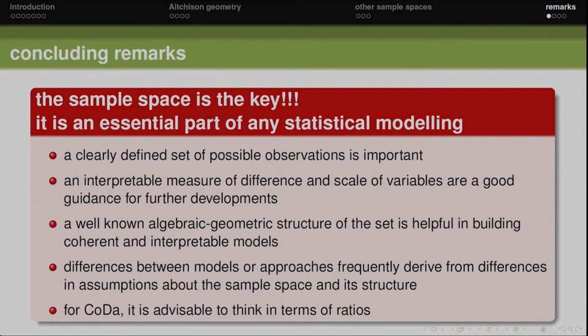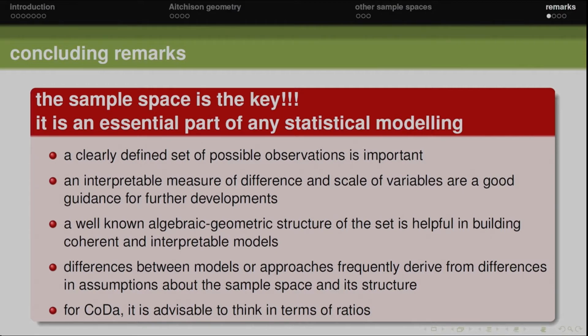It is important to have a clearly defined set. The measure of difference, how we measure the distance, is essential. The algebraic geometric structure is very helpful to design methods, to design an approach.